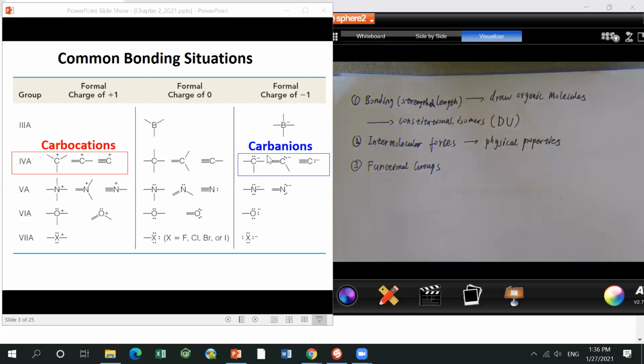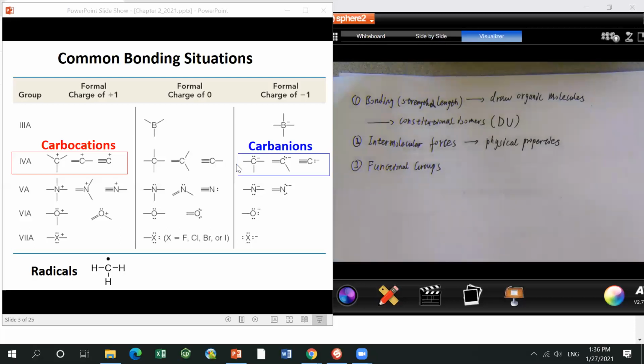I don't know which one is right, so maybe you can tell me. Normally I call it one, and sometimes I call it the other, but it's the same thing. These two species are very important intermediates in organic chemistry reactions, so we will see them often.